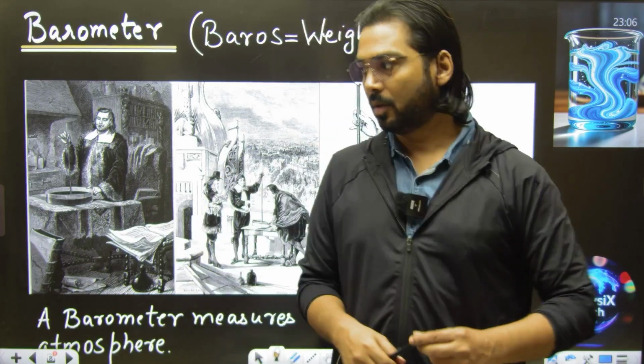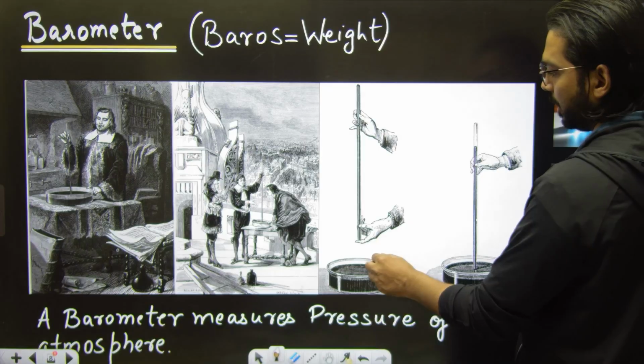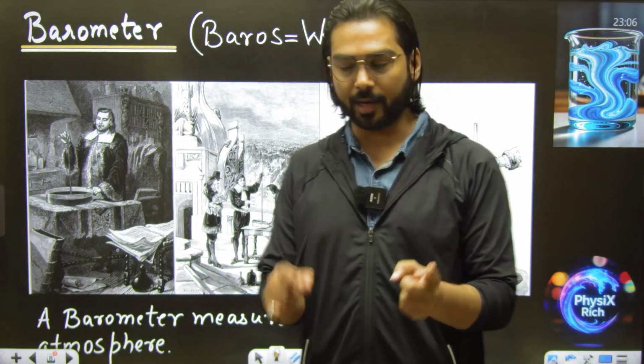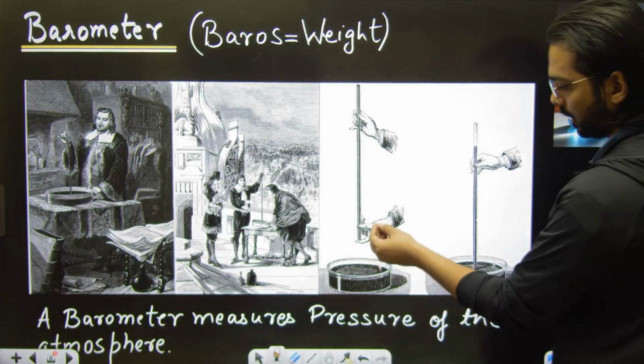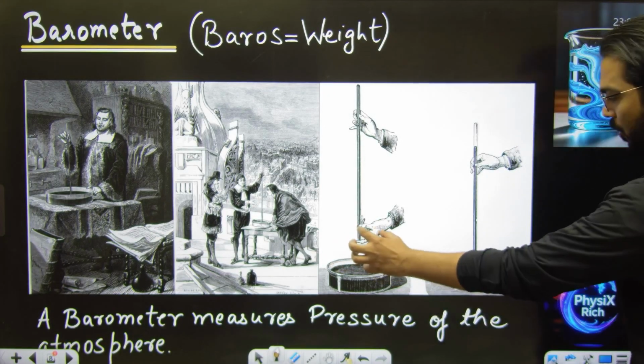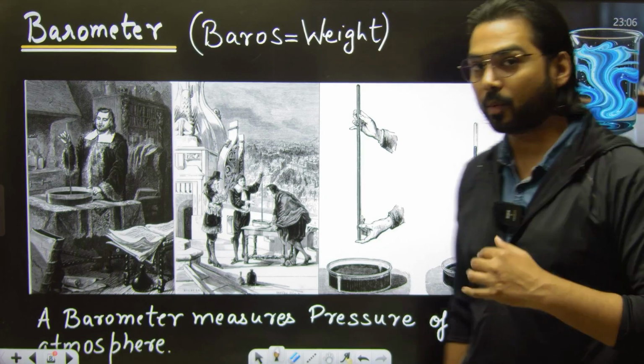What he did was, he took the tube, filled mercury in it, and then closed it from one end. You can see that? He closed it from one end, and then he took his hand inside of this liquid and then removed his hand from underneath. Now, what does he see?